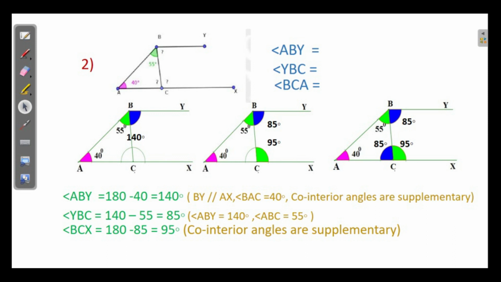So that is the answer to this question, and we can see this also here. 40 plus 55 is equal to the sum of two interior angles, which is equal to the exterior angle of the third one, and the sum of three angles in a triangle is 180 degree. Bear it in mind. Okay, thank you.